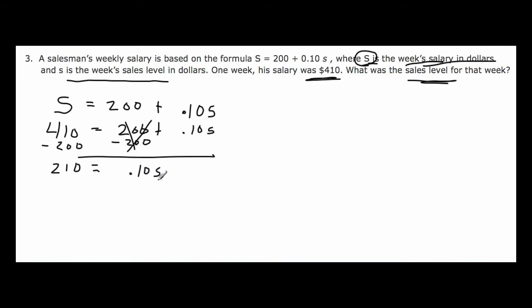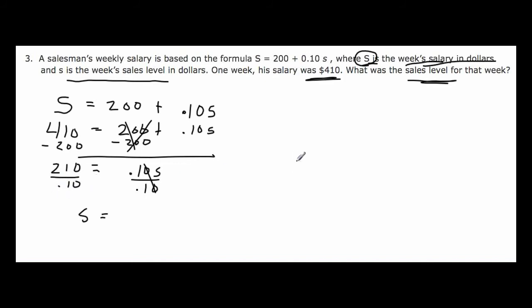Well, how many things did I sell? Divide by 0.10, divide by 0.10. Those cancel, so s equals... basically I'm dividing by 0.10, which is the same as multiplying by 10.